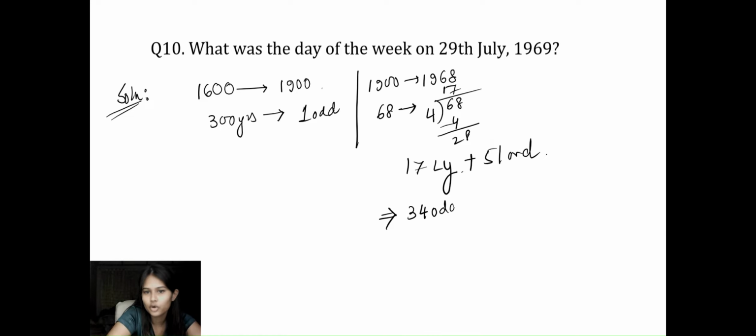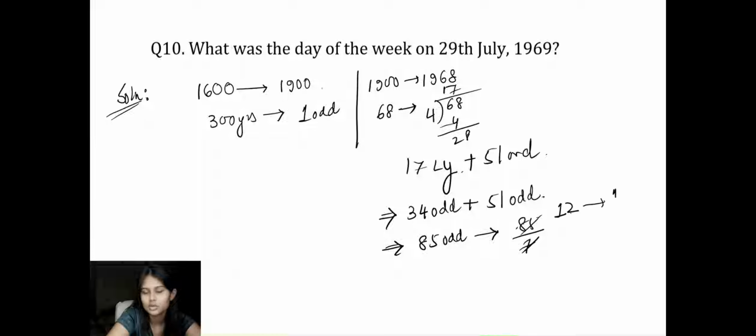This is 34 odd days because double. We get 2 odd days per leap year and 51 odd days for ordinary years. So this is 85 odd days. 85 odd days mean 85 divided by 7, I get 1 odd day. So from here I get 1 odd day, here I get 1 odd day.